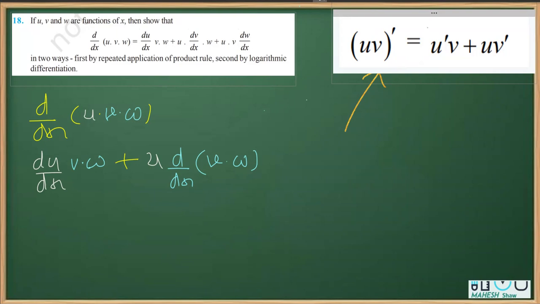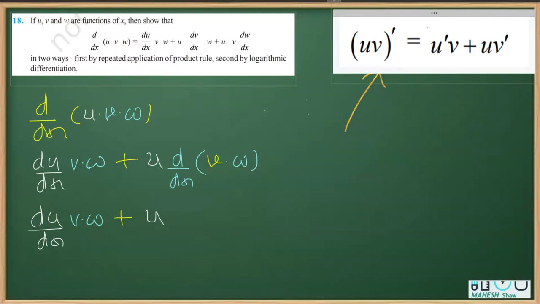Now we have to use a repeated application of the product rule. That means we'll again be finding the differentiation for this part. So the first part will be as it is, that is du by dx times v·w, and then u as it is. And now I'm going to once again apply the product rule over here. For this, I'm going to consider v as the first function, and the other function as w.